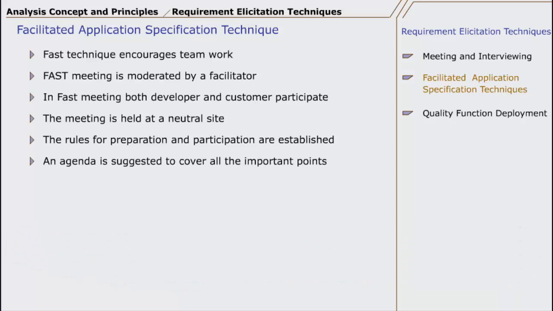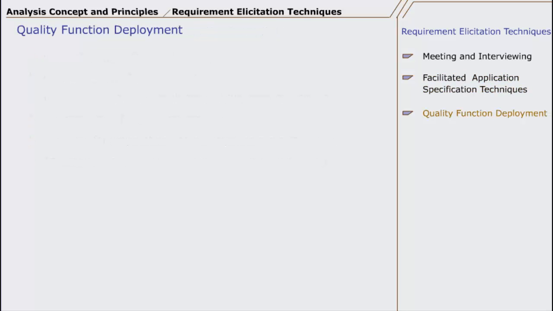Quality function deployment, commonly known as QFD, is a quality management technique that is used to translate the customer needs into technical software requirements. The QFD technique attempts to maximize customer satisfaction by tailoring the software process according to the requirements of the customer.